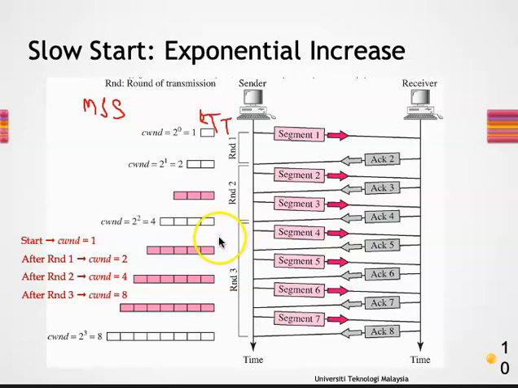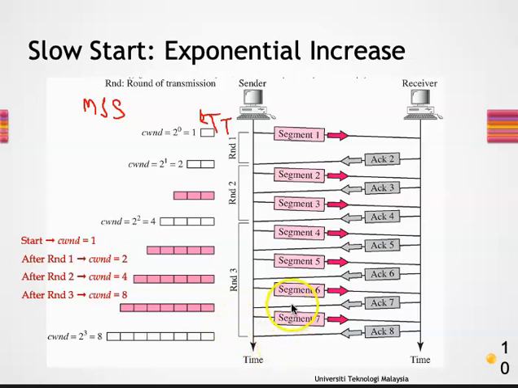Also, it can be noticed that this whole process results in the doubling of the sending rate for every round, or for every RTT. So the TCP send rate starts very slow, but it grows exponentially during the slow start phase.